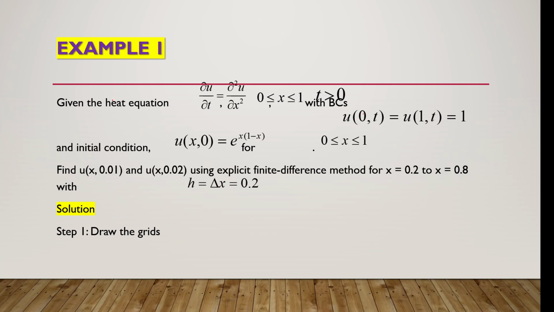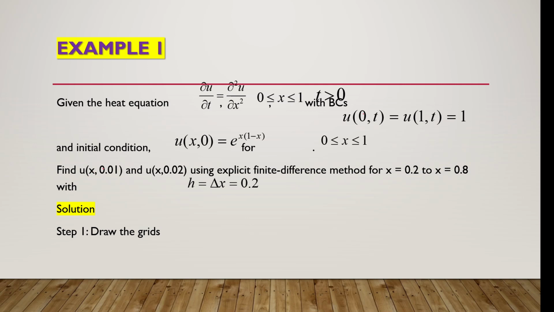Given the heat equation ∂U/∂T equal to ∂²U/∂X², where X is from 0 to 1 and T is greater than 0, with the boundary condition U(0,T) equal to U(1,T) equal to 1. The initial condition is U(x,0) equal to exp(x(1 minus x)) for x from 0 to 1.